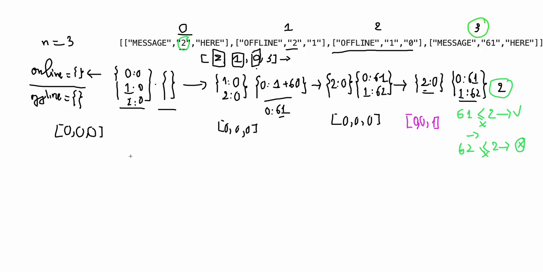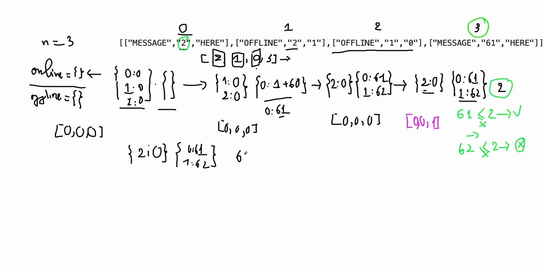For now we are maintaining two sets. The first one is the online set, which contains the 2. And then the offline set has 0, 61 and 1, 62, right?